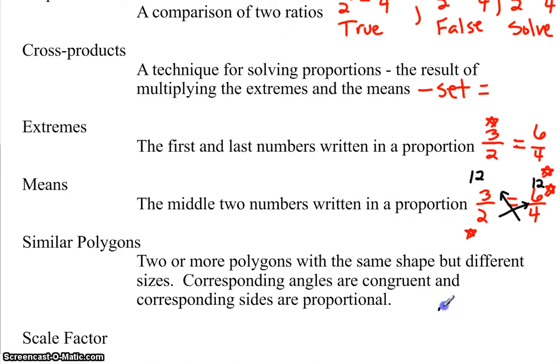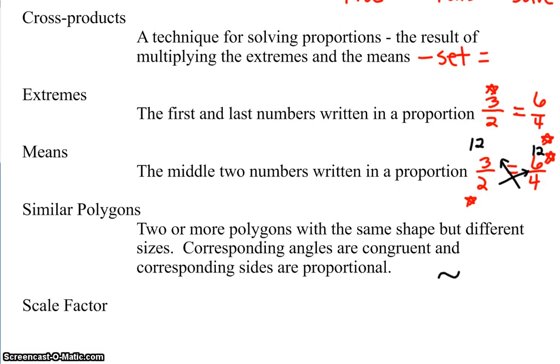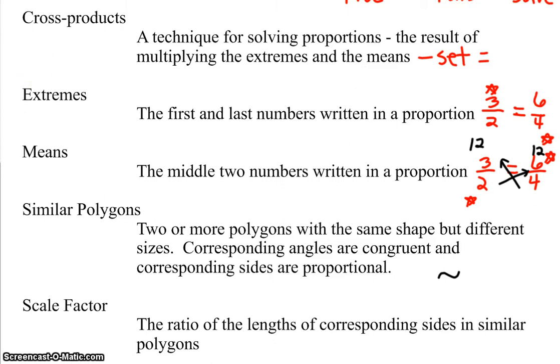The symbol for similar is just the wavy line, looks like a tilde in Spanish, or the wavy line that goes on the top of a congruent sign, because congruent means same shape, that's the wavy line, and same size, that's the equals. The last term is scale factor, and scale factor is the ratio of the lengths of the corresponding sides in similar polygons, and that's something that we're always looking for.